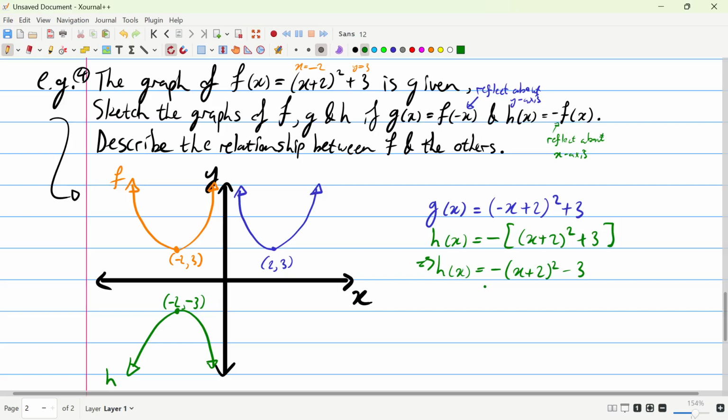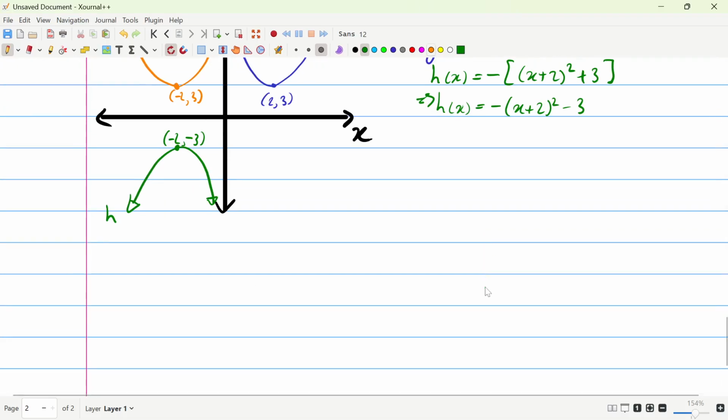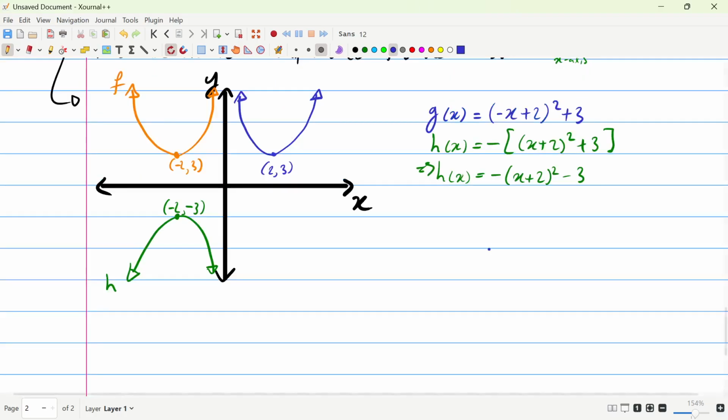Now, how do we describe the relationships between them? What we're going to do for g of x is the following. We are going to show what they gave.